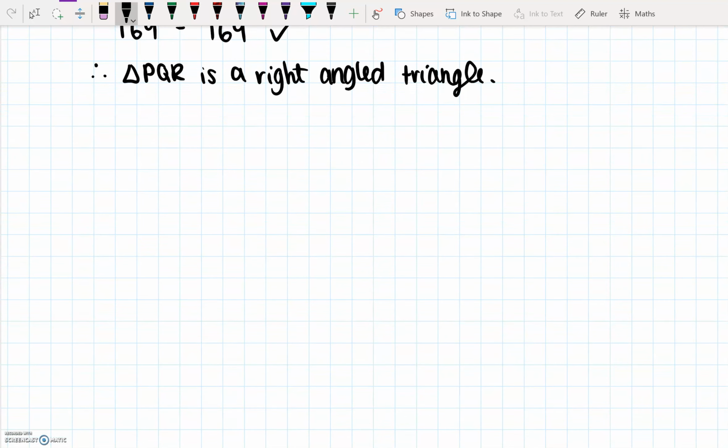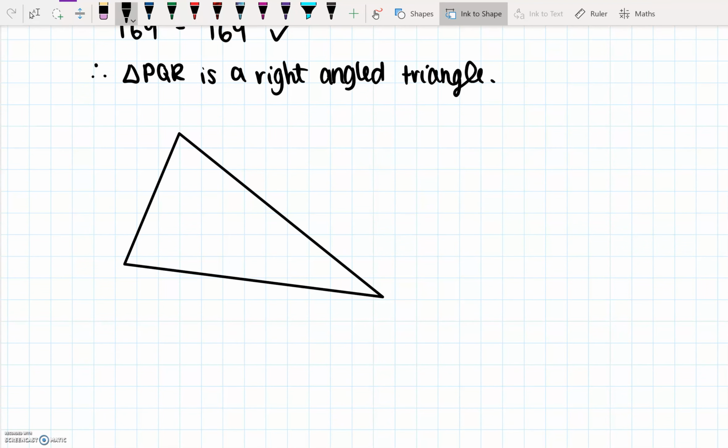So we'll do another one. We'll make a triangle like this, and we will say that it's triangle KLM. We'll make this side, KL, 8 centimeters, KM 9 centimeters, and ML 13 centimeters.